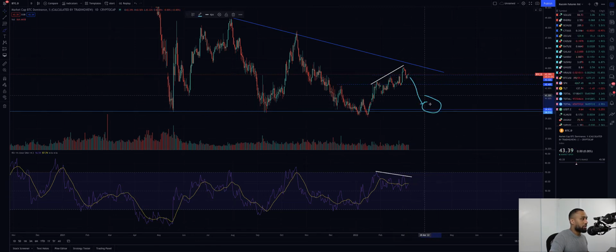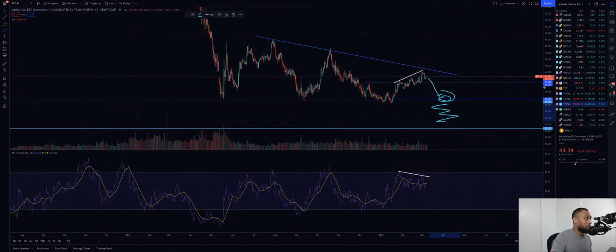But what we're looking for is, if we break this zone here and we start coming down, alts are going to have a phenomenal run. So basically, whether we break to the upside or to the downside, there's going to be a big move in alts. If we break the dominance to the upside of this pattern, alts are going to get wrecked, in my opinion. If we break to the downside, then alts are going to have a great time.